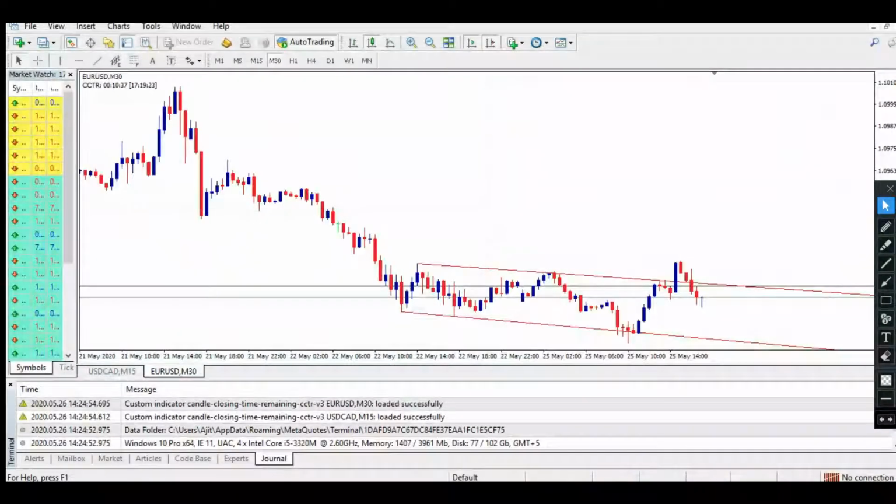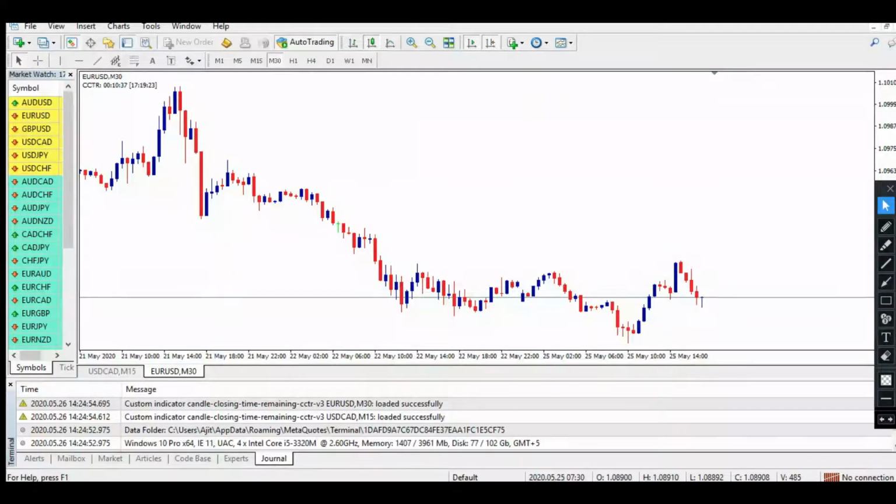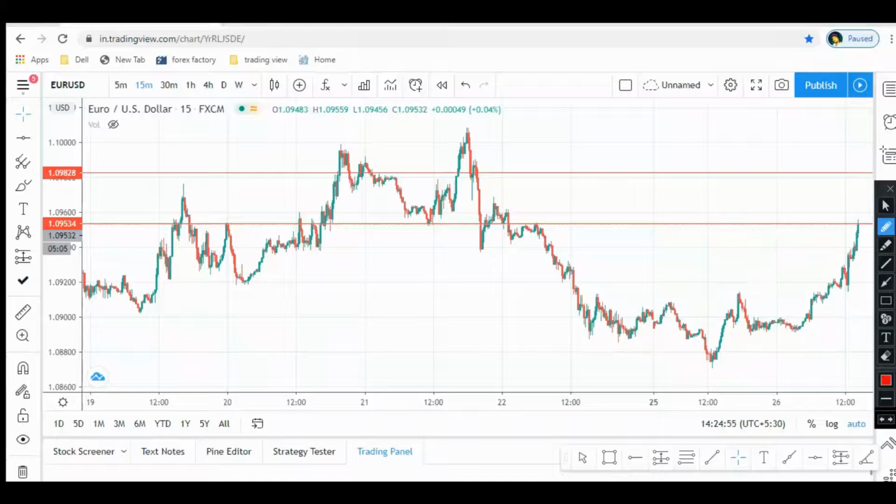But I don't think I will take any trade today. My main motive is to give you proper knowledge about how support and resistance actually works. If I would take a trade in this particular zone, my take profit will be this area.